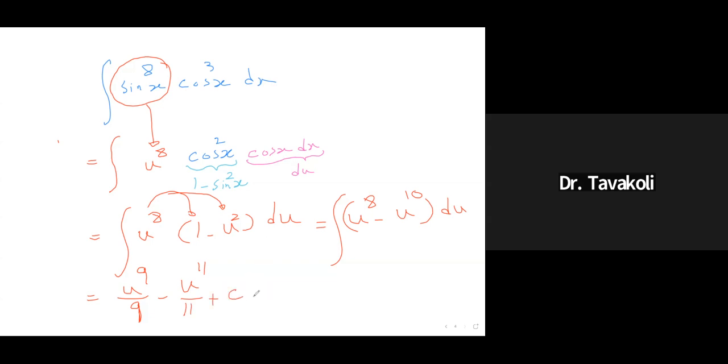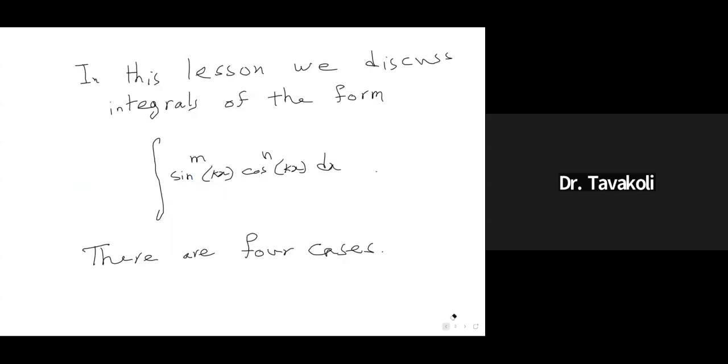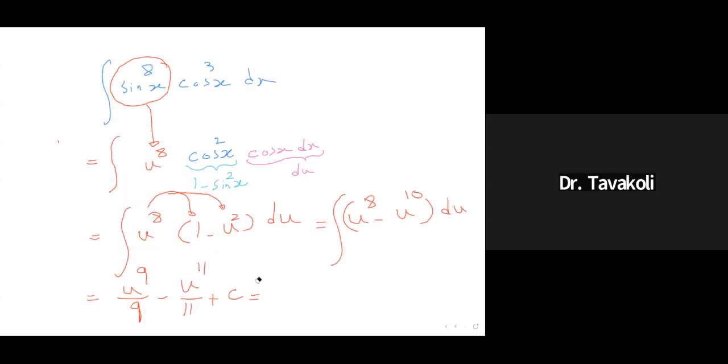Are we done? No, just one more step. Back substitution. U was what? When we use this substitution, u was sine of x. So back substitution gives me the final answer of sine to the power of 9 of x over 9 minus sine to the power of 11 of x over 11 plus c. So that's the final answer to this question.